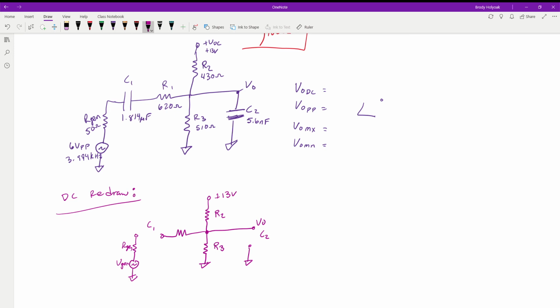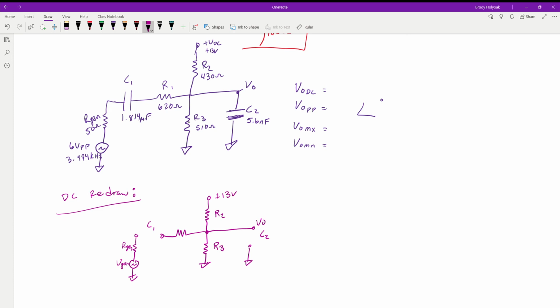Okay, so essentially what we're looking at is on our DC redraws, we have the two capacitors that are going to be reading as opens. So the one in parallel with R3 is going to have zero effect on the circuit anyway. Doesn't even matter if it's there. The capacitor 1, this coupling capacitor, is making it so we don't have a connection to our generator.